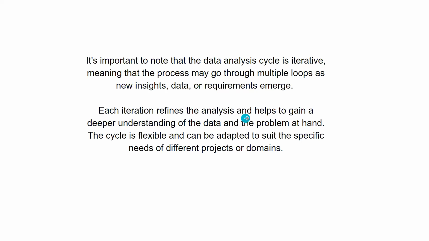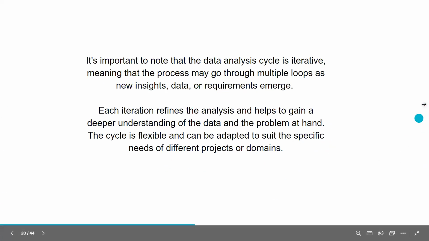Each iteration refines the analysis and helps to gain a deeper understanding of the data and the problem at hand. The cycle is flexible and can be adapted to suit the specific needs of different projects or domains.